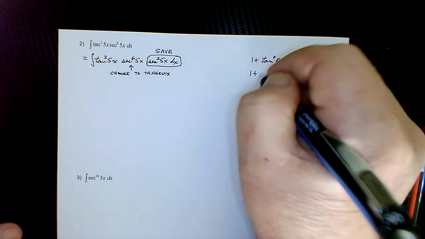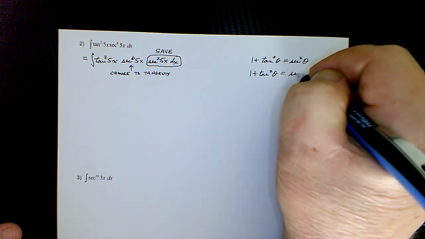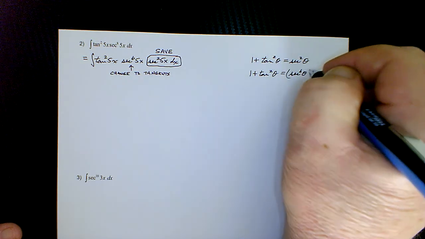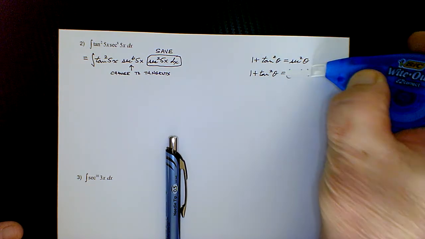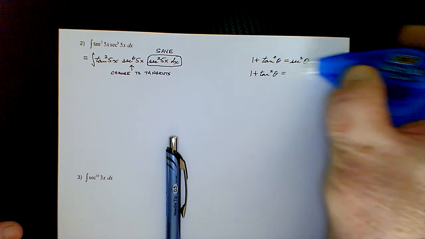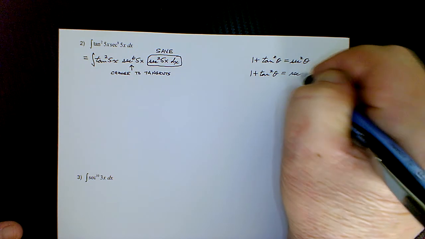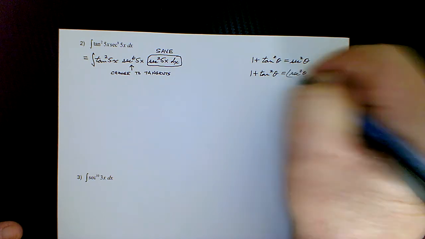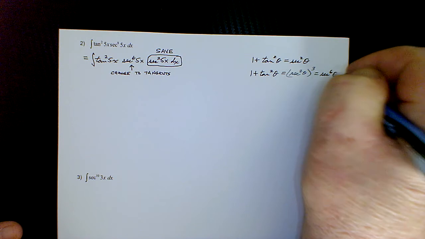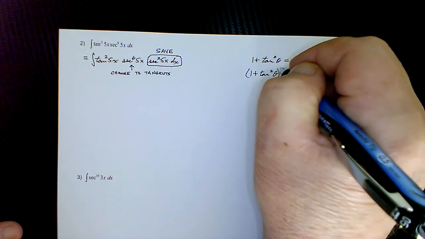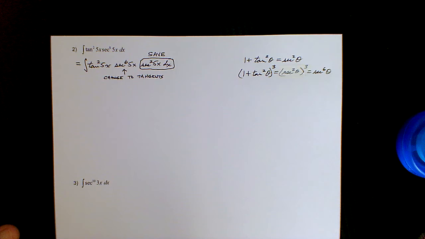And similar to what we've done in the past, if we want secant to the 6th, that's the same as taking secant squared and cubing it. So if we cube 1 plus tangent squared, that would be the equivalent.